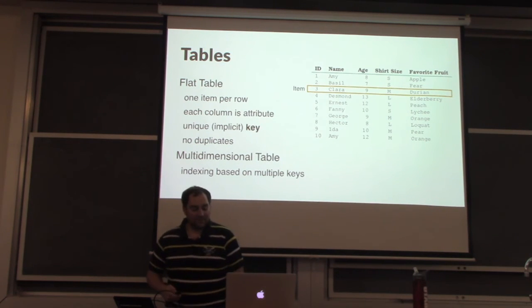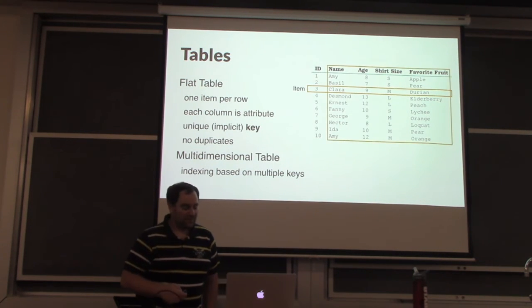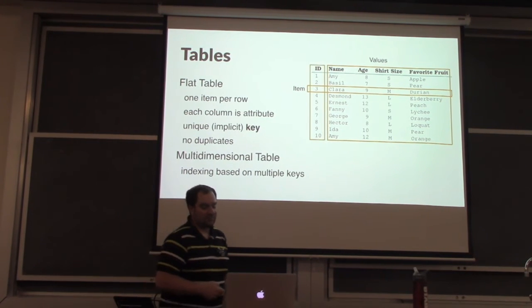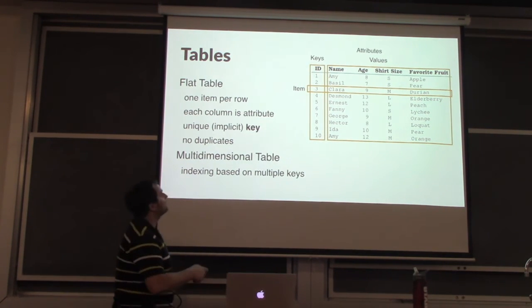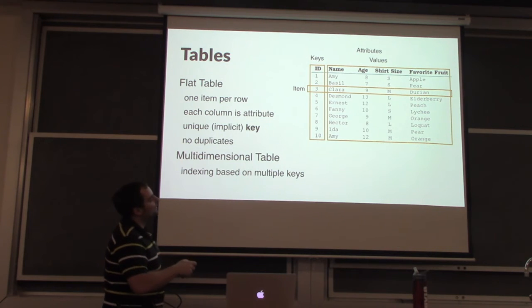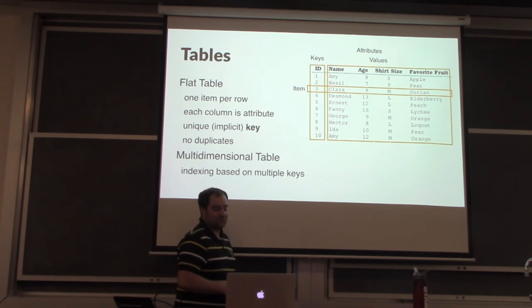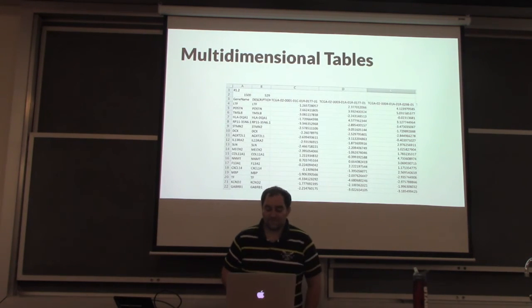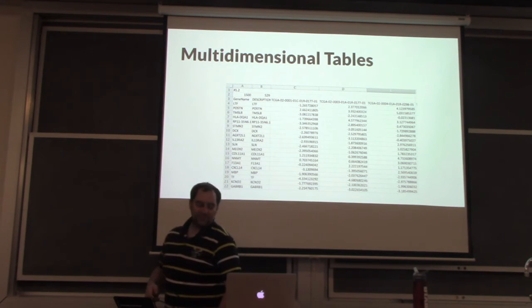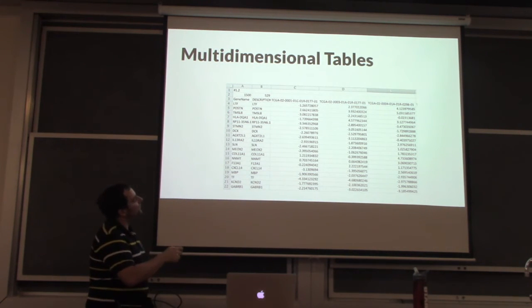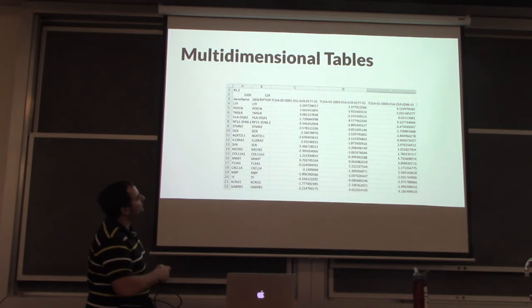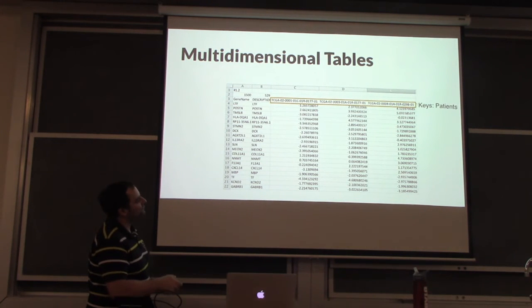But first, here we have the item. Here we have the values. And then here, this is the key, a unique key in the table. And together, those are the attributes. This is a multidimensional table. So here we don't have one item and then a number of observations, but we actually have two different keys.